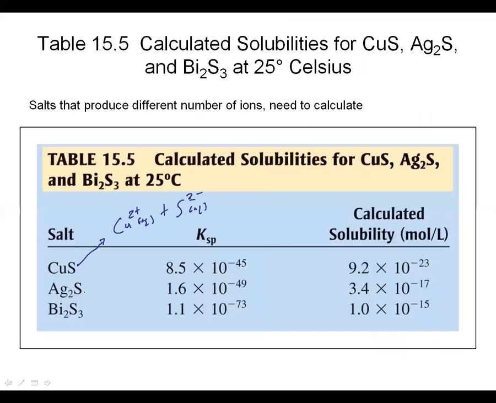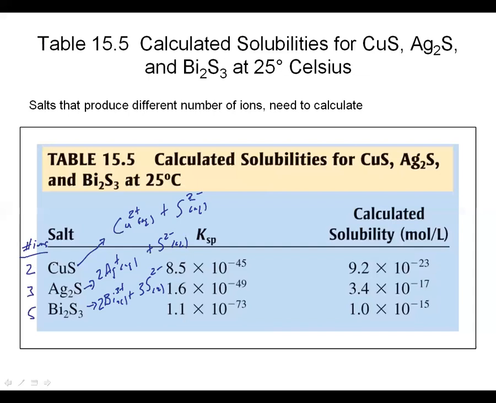This is silver sulfide, which breaks apart into 2 silver ions and a sulfide ion. This is bismuth sulfide, which breaks apart into 2 bismuth ions and 3 sulfide ions. So in terms of number of ions, we have 2 for this one, 3 for this one, and 5 for that one.